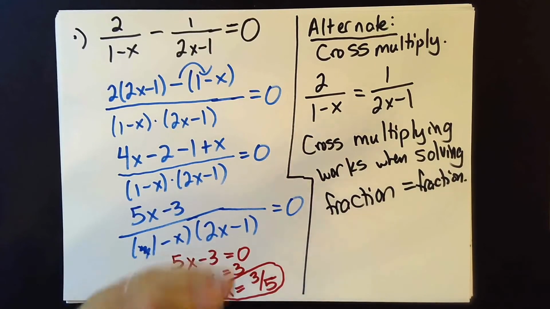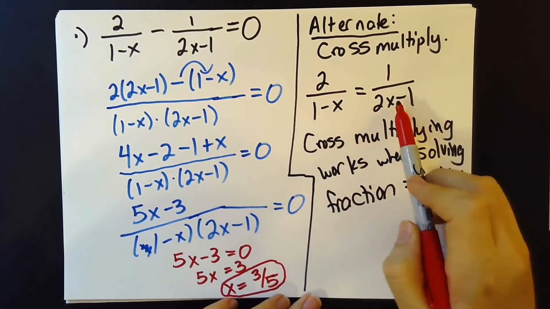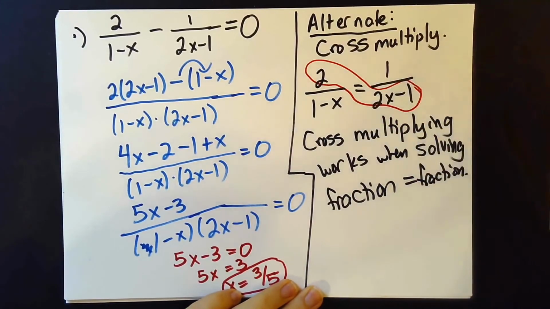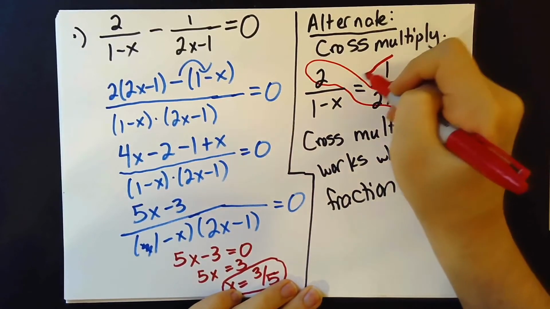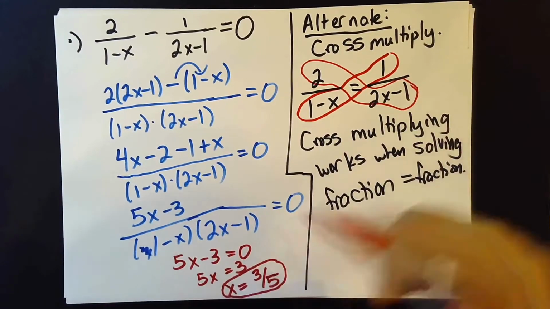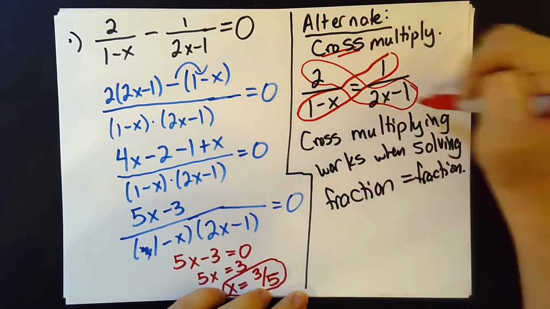But why is it called cross-multiplying? The reason why it's called cross-multiplying is that we can replace this equation with fractions with an equation where we multiply these two things and set that equal to what we get when we multiply these two things. And the cross, this is the cross, this little red X here. Okay.